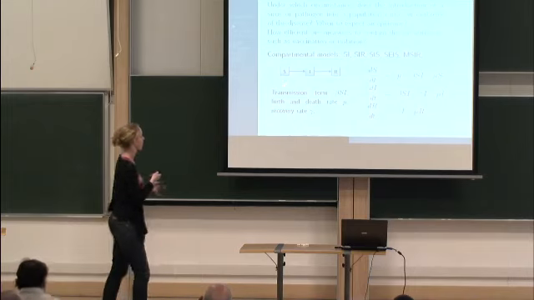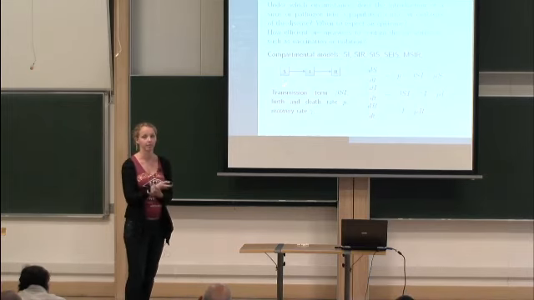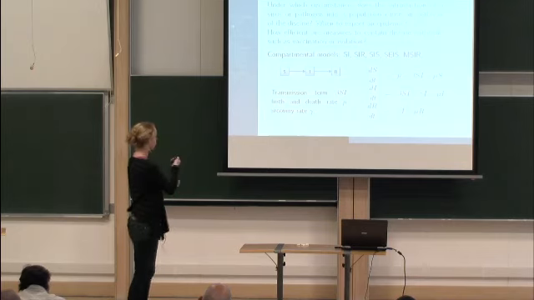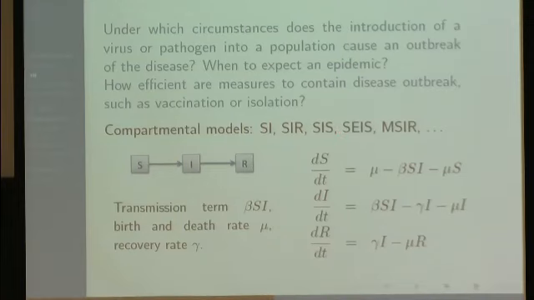The standard model for, say, influenza: you first are a susceptible individual, and then once you get infected, you'll be infected and infectious for a while, and at some point you'll recover and you're thrown into the recovered compartment because you can't get infected anymore. And this can be modeled by these mass action equations that assume that everyone in the population interacts as likely with anyone else in the population.